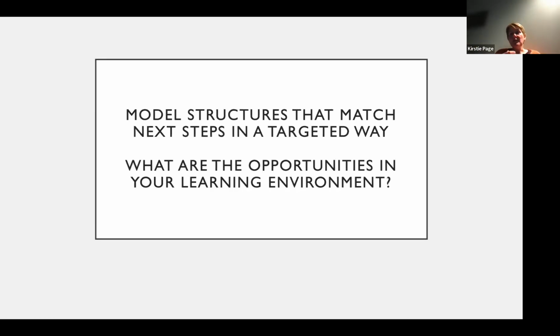So when we're aware of those grammatical structures, we can take what the child has said and model it back in the right way, but we can also do that targeted modelling of the structures that we think are the child's next steps.